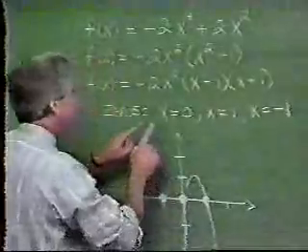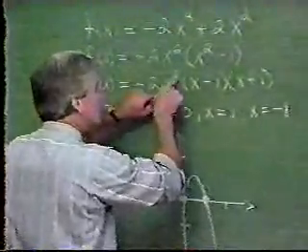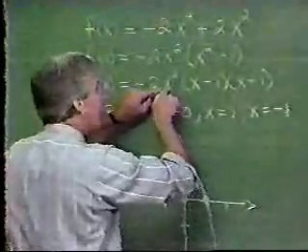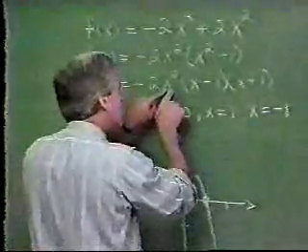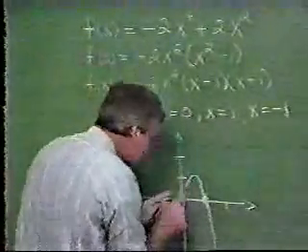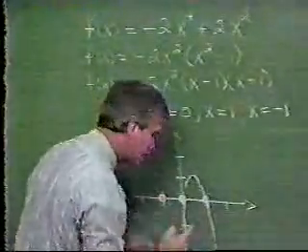Well, let's see. Since 0 is a factor twice here, it has that x squared composition. So we're going to have the behavior of the graph in this little region that is similar to the parabolic curve.